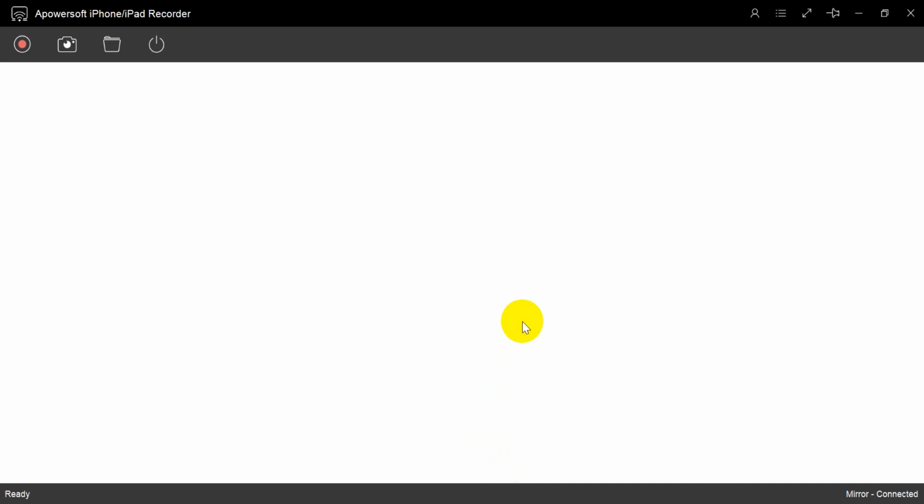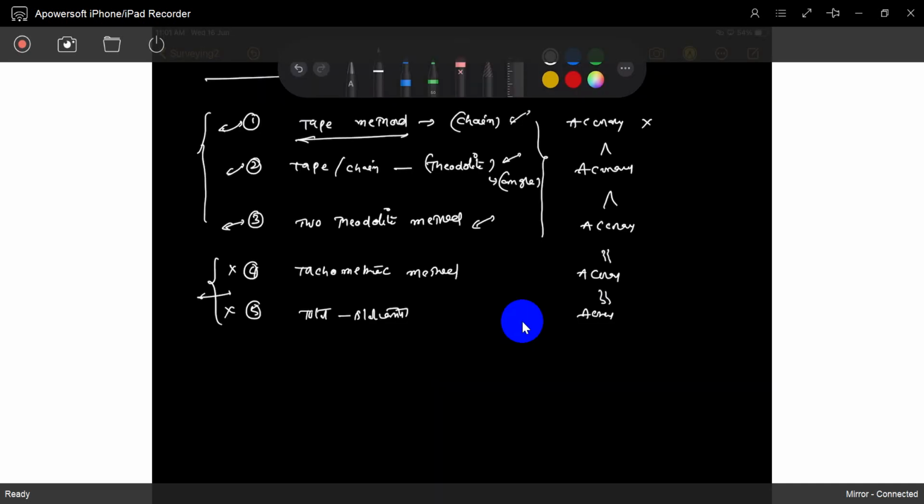Curves, circular curves: setting out different lines or different parameters in a circular curve, setting out of the circular curve based on 2 or 3 methods, such as the rankine method and the two theodolite method.